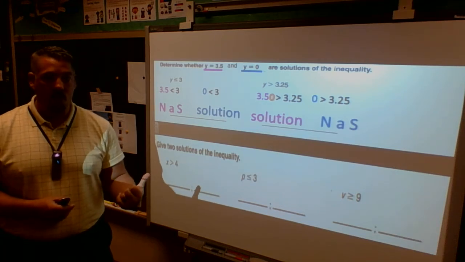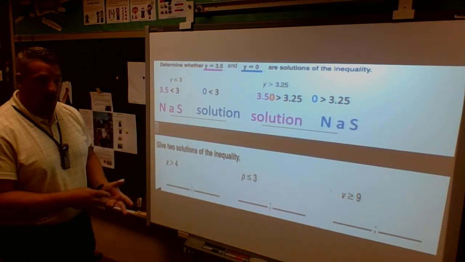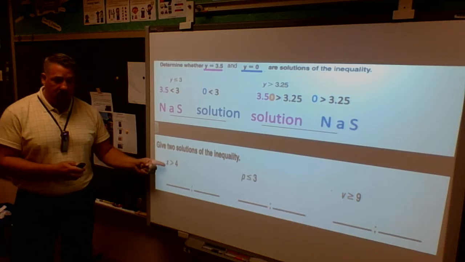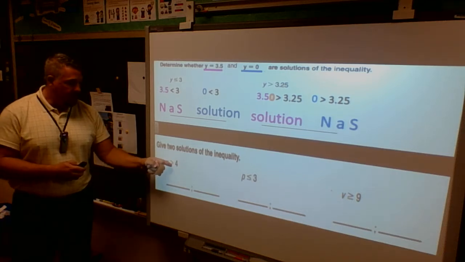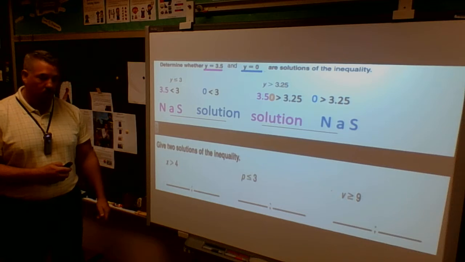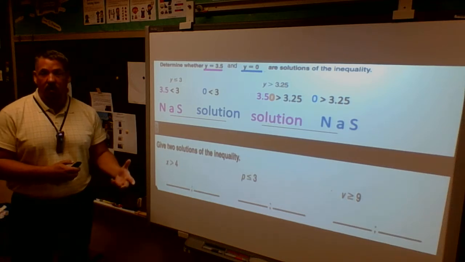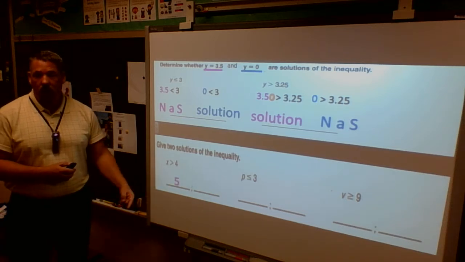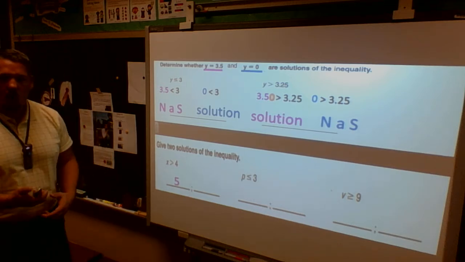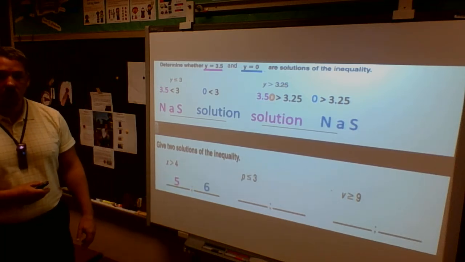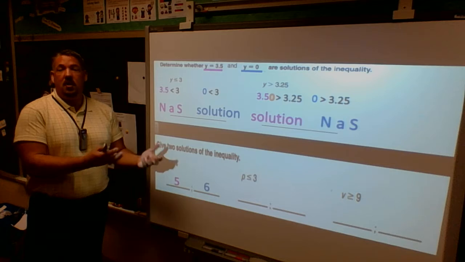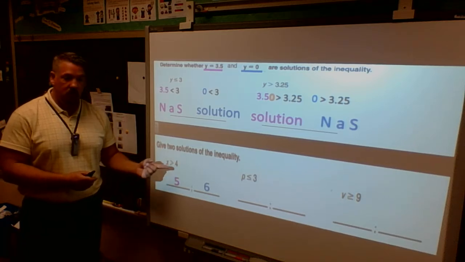You don't have to have the same answers, but you do have to have true and proper answers. It has to be greater than 4 because the arrow is pointing to the 4. 4 has to be the smallest number. So my next possible answer is 5. My next possible answer after that, whole number wise, would be 6. I could put 5.17 if I wanted to, because that is still larger than 4.